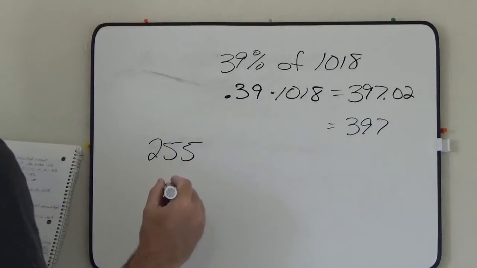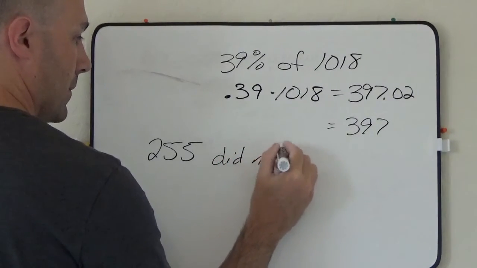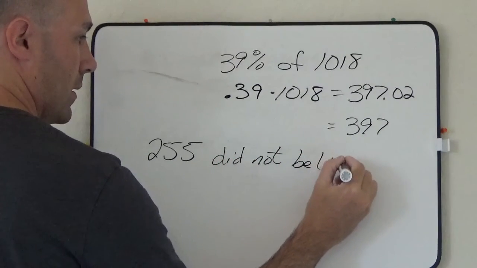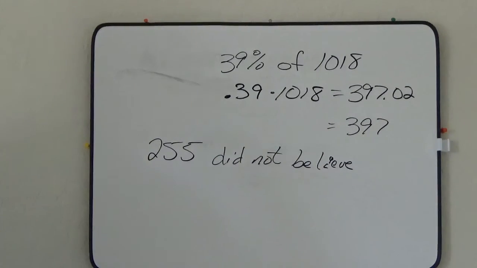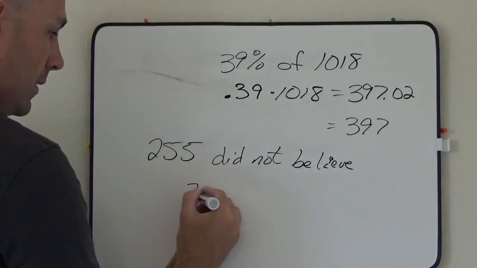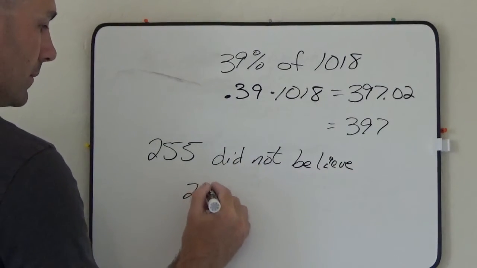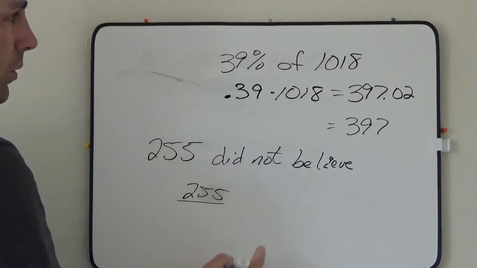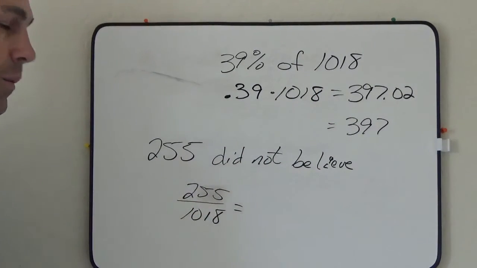255 people said they did not believe. If that many said they don't believe, it wants to know what percentage of those people didn't believe then. So the way we do that is we're going to take 255 and divide it by the total amount, which is 1,018. And that will give me a decimal answer.